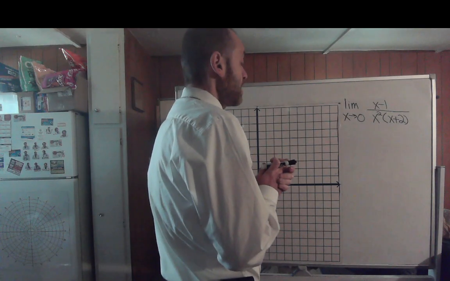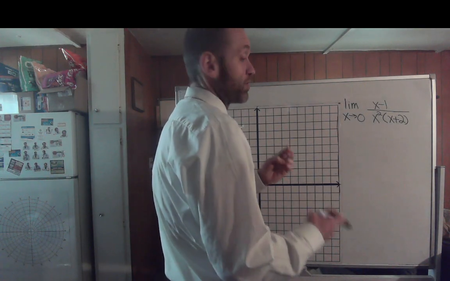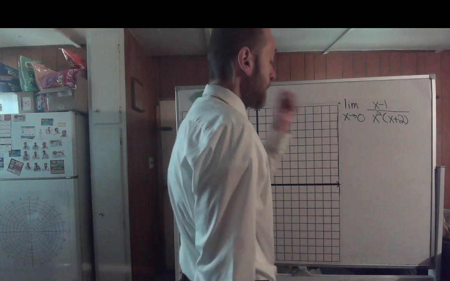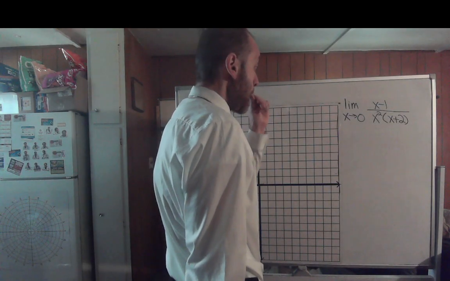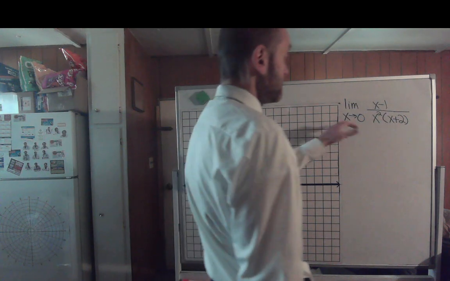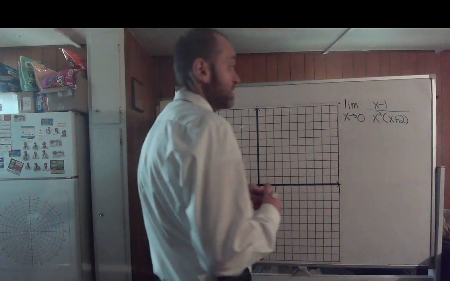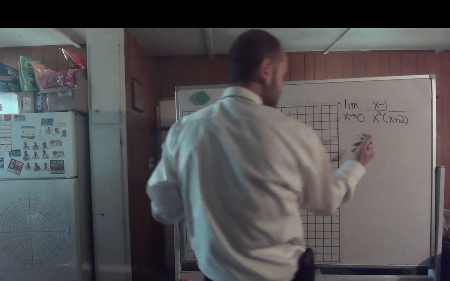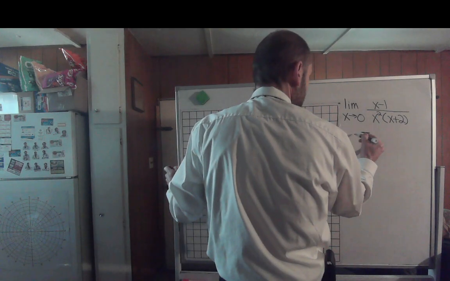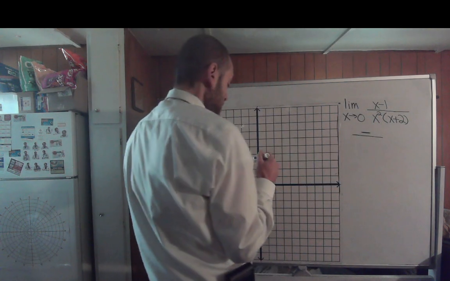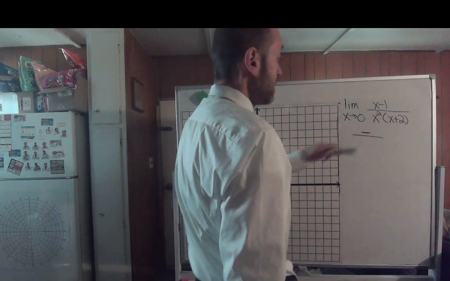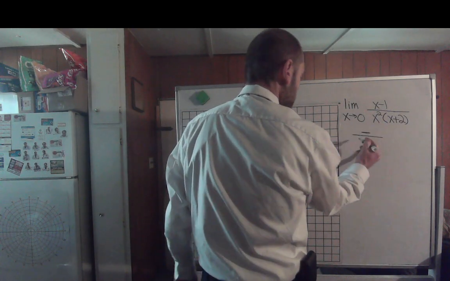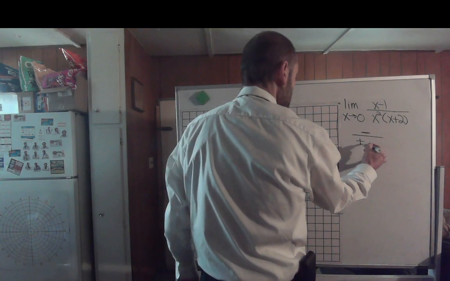Well, it doesn't really matter whether I approach 0 from the left or right. In the numerator, we're subtracting 1 from that value. That's going to give me a negative numerator, right? I'll have a negative numerator. Well, whether it's negative or positive for that x squared, I'm going to get a positive number.